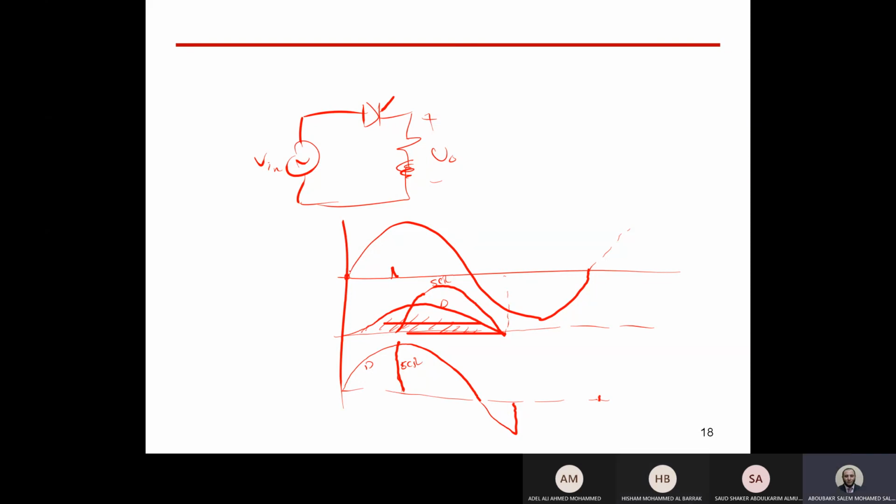Otherwise, all the time the thyristor output will be lower than the diode. So we can say V out in case of thyristor is less than or equal to V out in case of diode. Of course, this is as RMS.